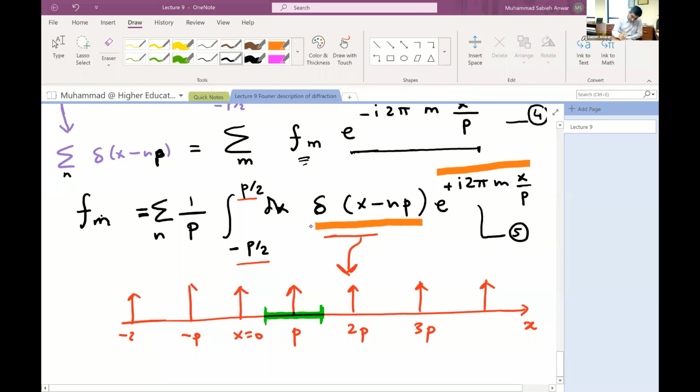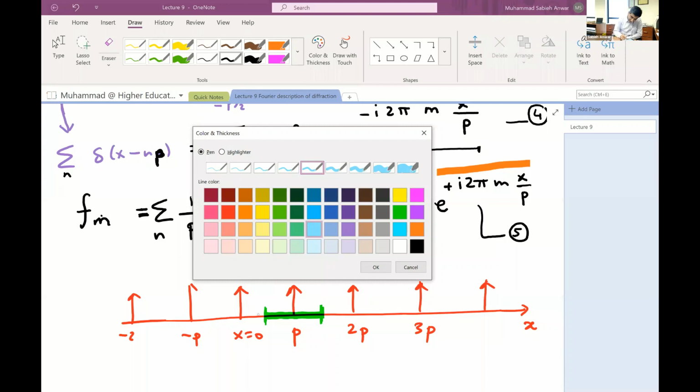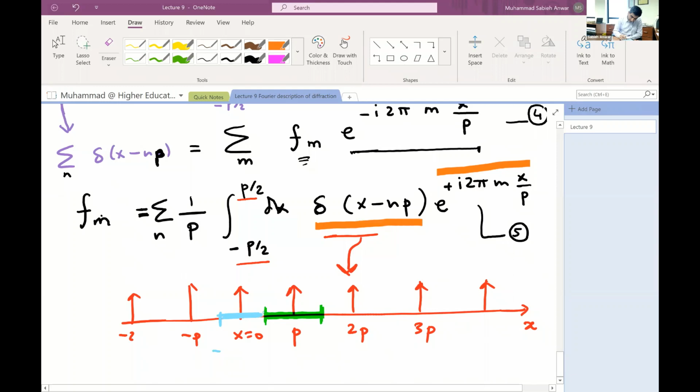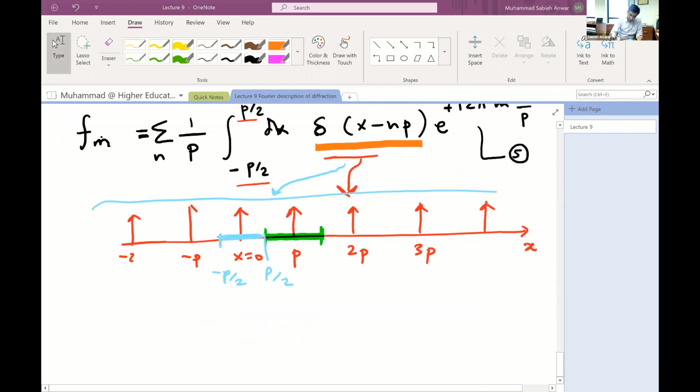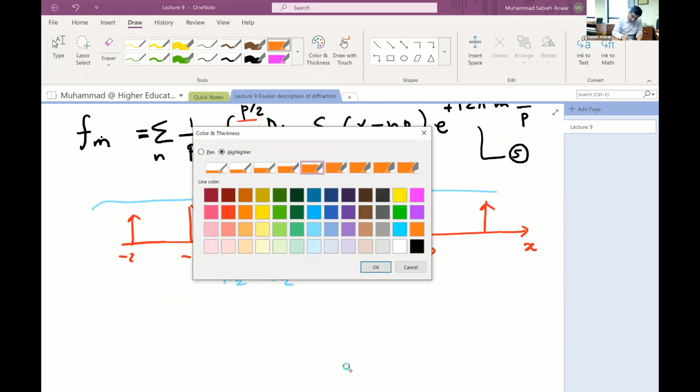So this is my range from minus p by 2 to plus p by 2. Forget the green thing. So this is my function and I'm integrating from minus p by 2 to p by 2. And inside this function, I only have a Dirac delta function.